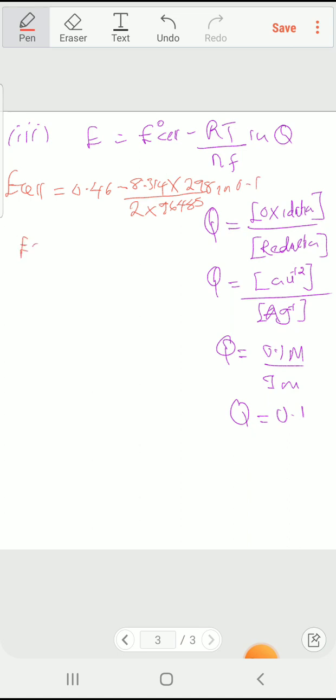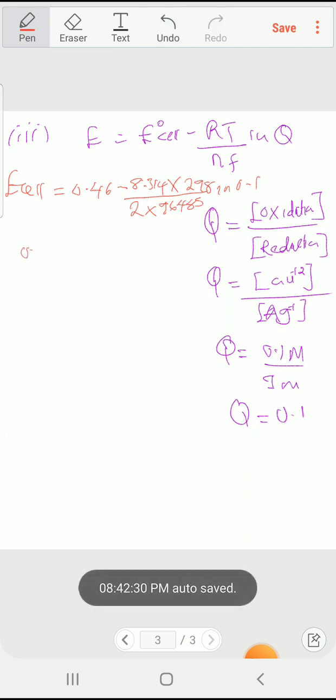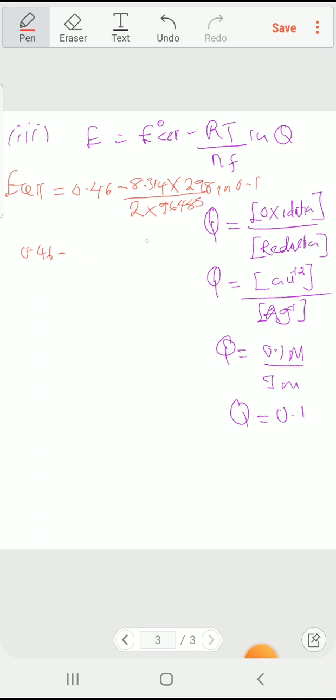So here E cell is equal to 0.46 minus, then I can calculate 8.314 times 298.